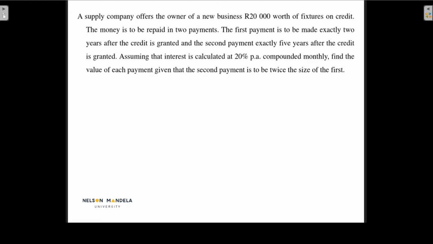So if we make a timeline of this, at time t0, there's an inflow of 20,000 rands. Then at time t2, there is a payment, and let's call that payment x.